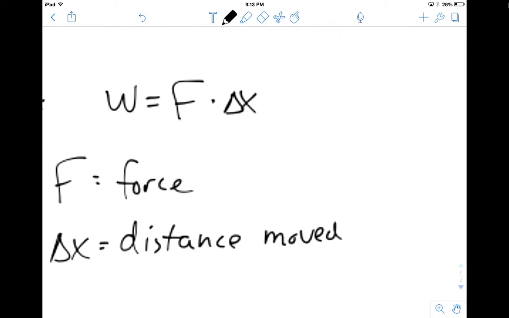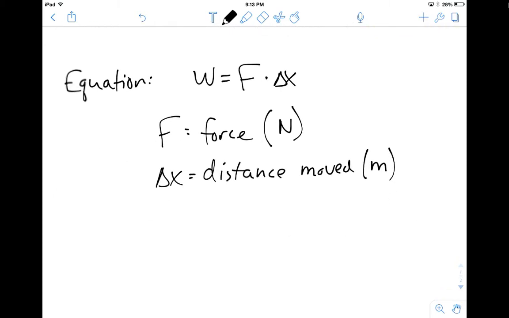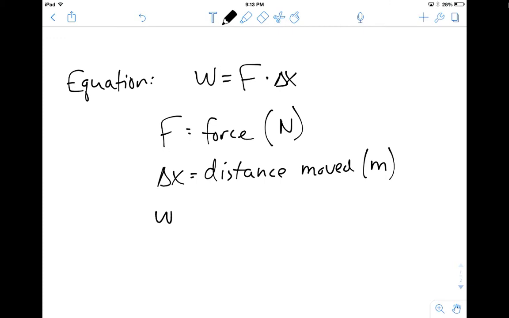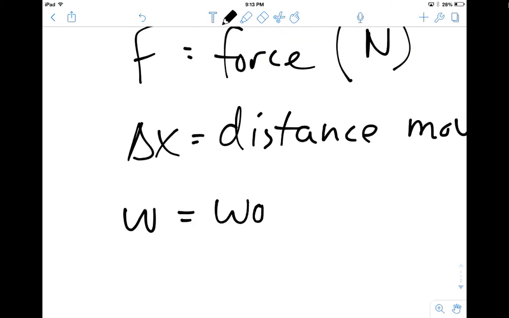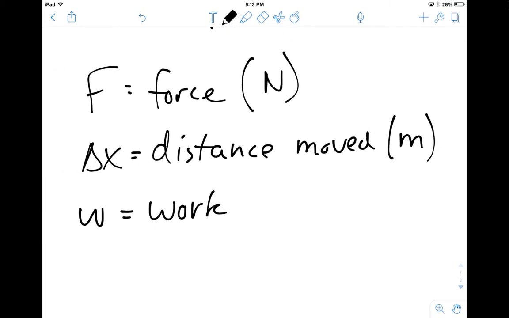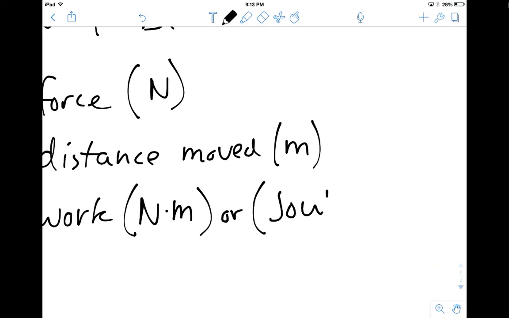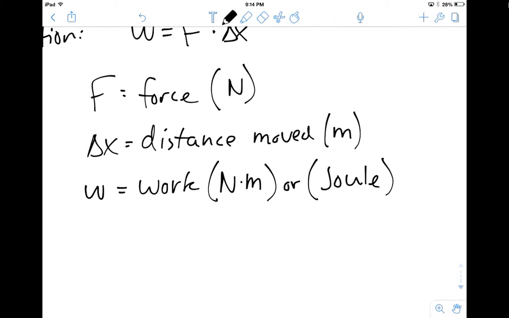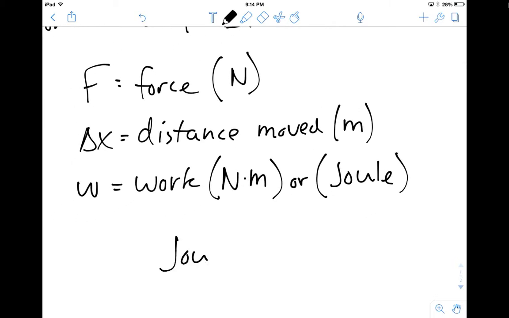If force is in newtons and distance, we would always measure in meters, then W, which is work, has got to be measured in newtons times meters, which we actually have a name for: joules. So a joule equals newtons times meters.